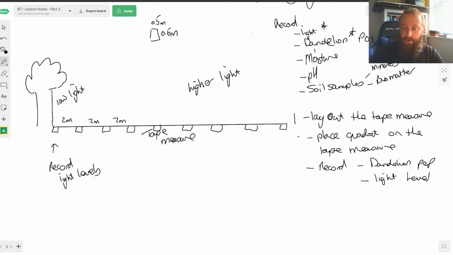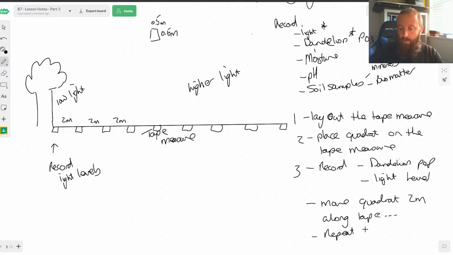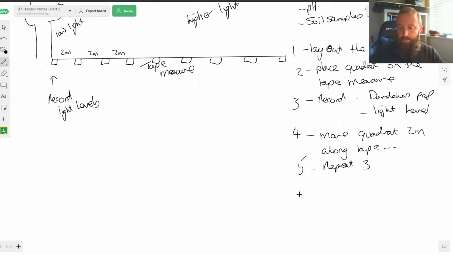And I may want to number these: 1, 2, 3. Move the quadrat 2 meters along the tape measure. Repeat. Okay, and then actually what we would just do is continue until the end of the tape.